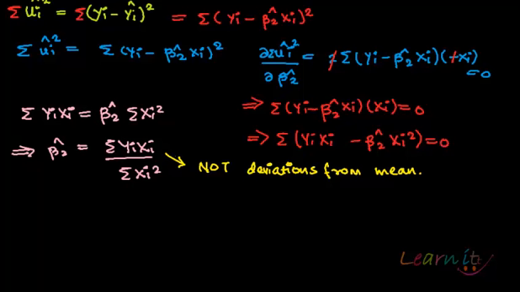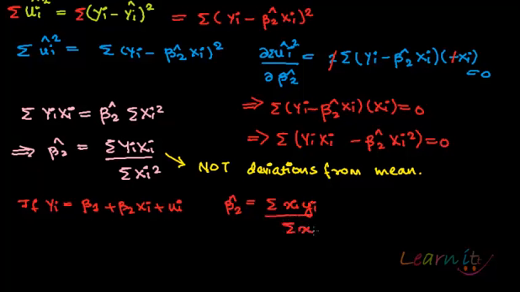In general, if your model would have been yi equals beta 1 plus beta 2 xi plus ui, then in that case your beta 2 hat could be written as summation of xi yi upon summation of xi square.